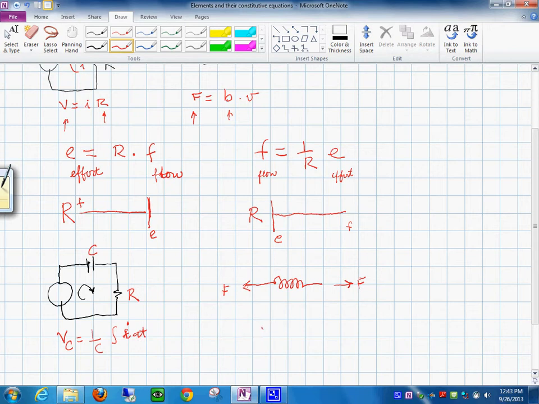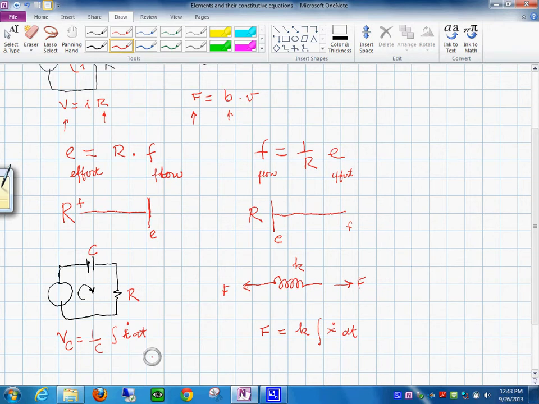And in this other case, you have that F is equal to the stiffness K times the integral of x dot dt. See, this equation and this one have the same form, but different variables at different energy domains.